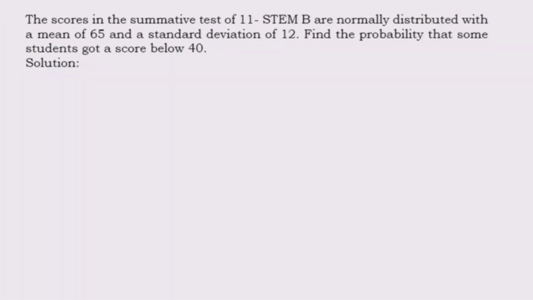Okay, number 2. The scores in the summative test of 11 STEM B are normally distributed with a mean of 65 and a standard deviation of 12. Find the probability that some students get a score below 40.